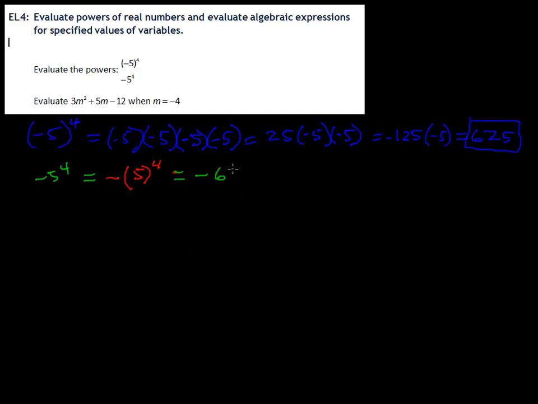If you put this on your graphing calculator, this is exactly what you'll get with this expression. And the calculator is doing exactly what it should do. This is the correct answer. Pay careful attention to this.